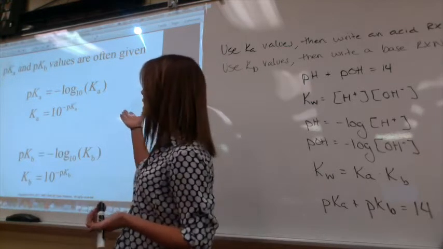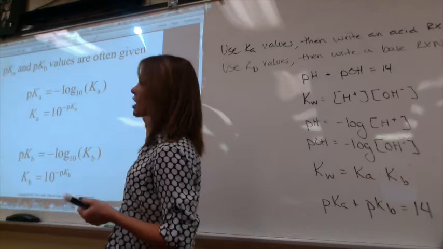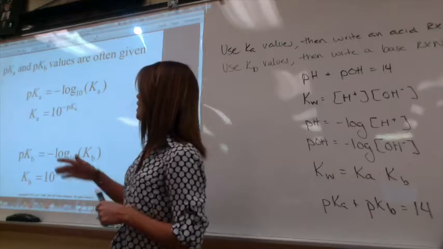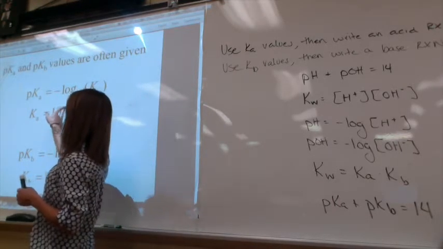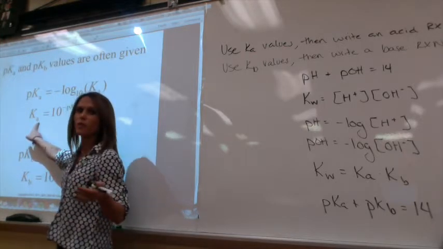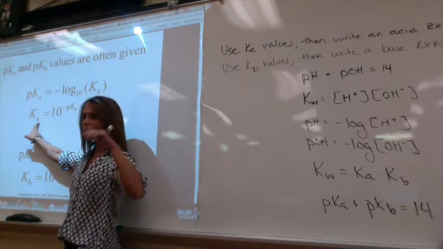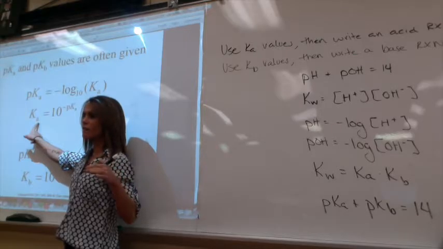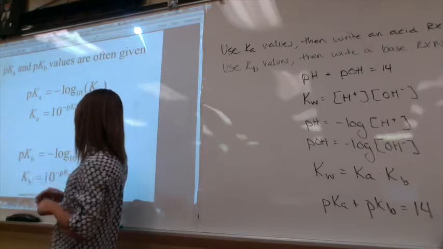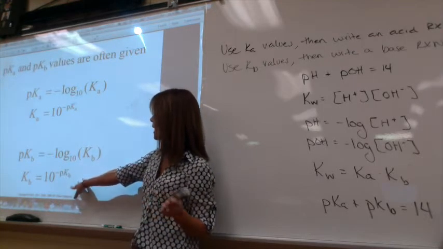So pKa is the negative log of the Ka. The same thing that you did yesterday, if you want to find the Ka value, you take 10 to the negative pKa. You need the Ka because you can't figure out the equilibrium, any of the concentrations of the ions, without the Ka value. So you're going to have to find the pKa and the Ka and how they're associated. Same thing with pKb and the Kb.